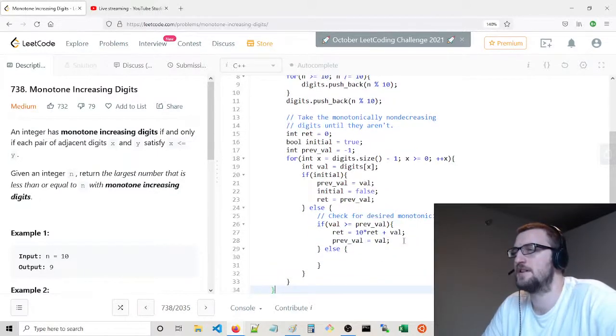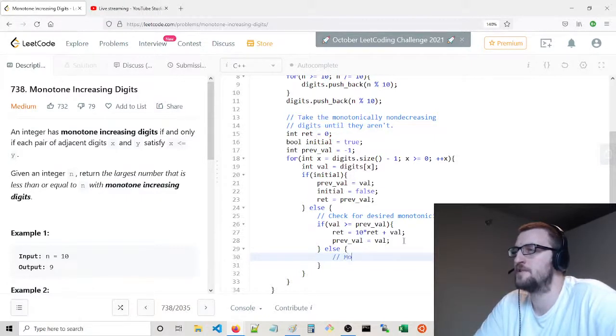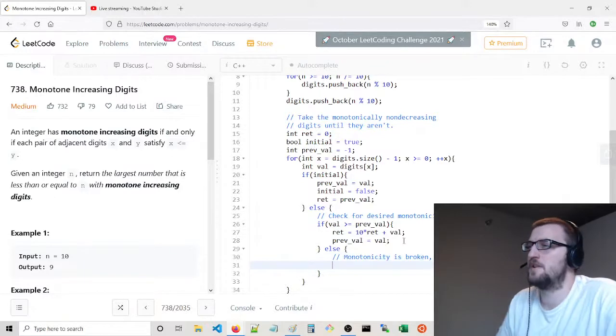Otherwise, though, monotonicity is broken.